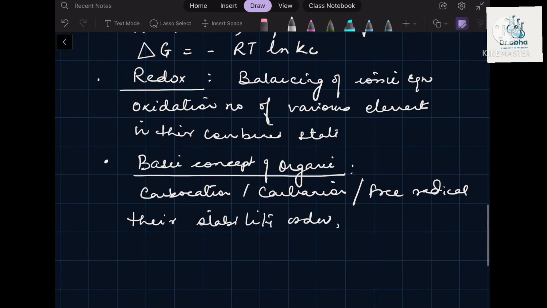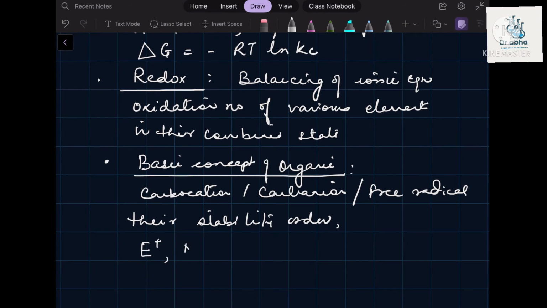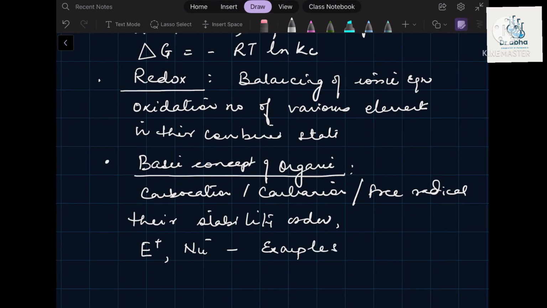And hybridization, state of hybridization, that also you should be very clear about. Then electrophile and nucleophile, their examples. You should be able to identify whether the given species will act as an electrophile or nucleophile, right?